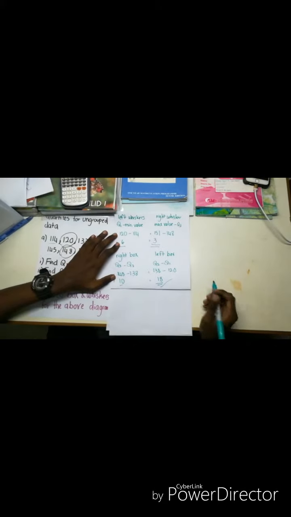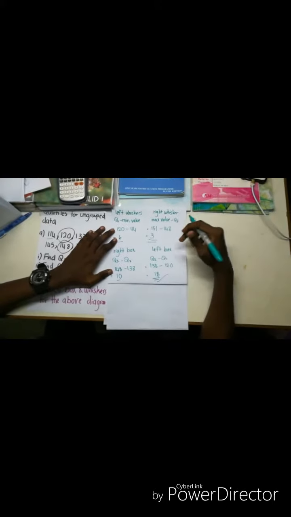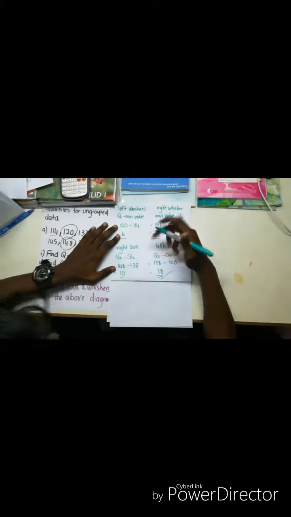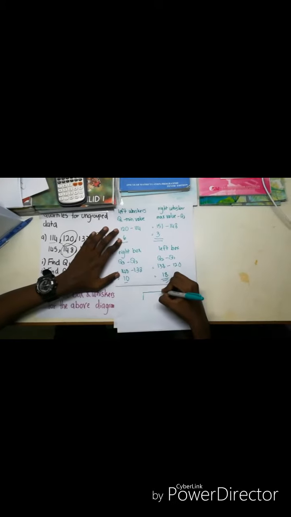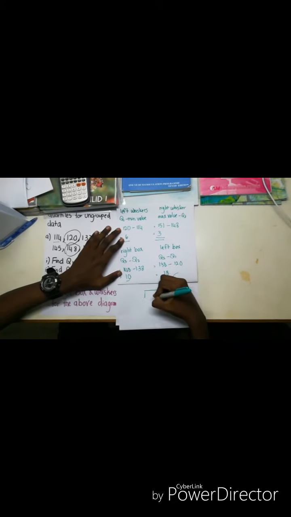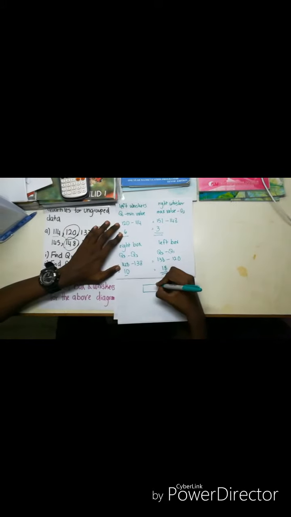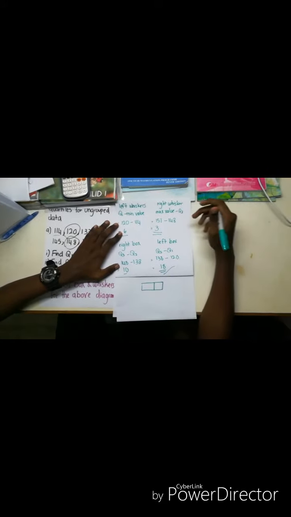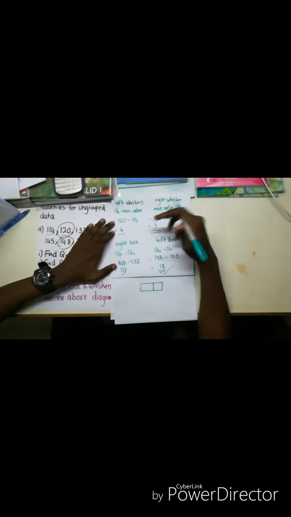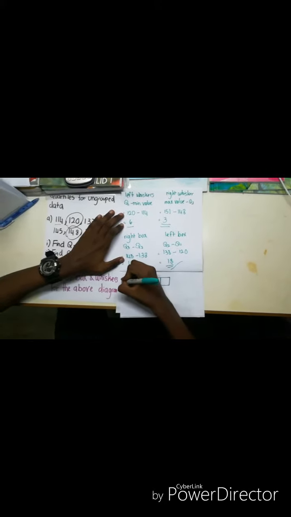Okay, we start with the box. We know the left box is longer than the right box, so just draw it. So the left one is longer than the right one, so it will look like this. For the whiskers, the left whisker is also longer than the right one, so just draw.